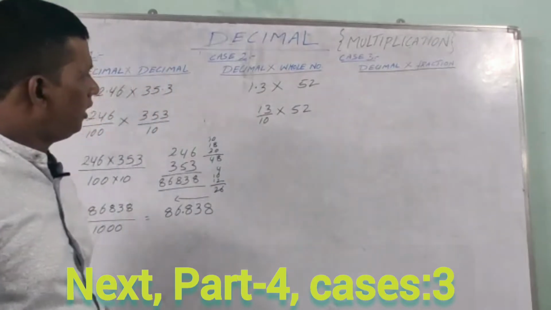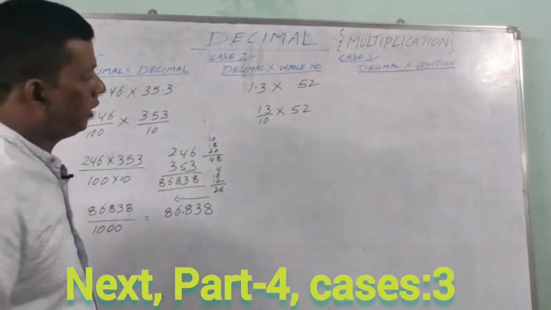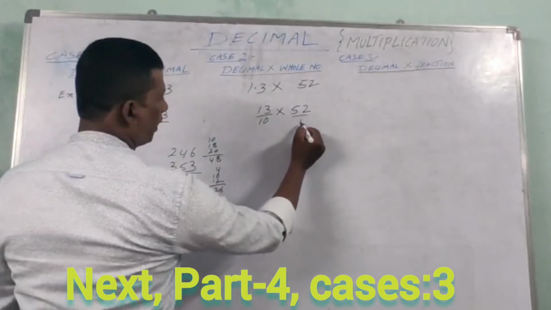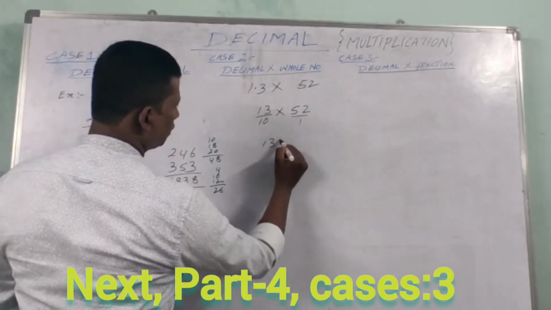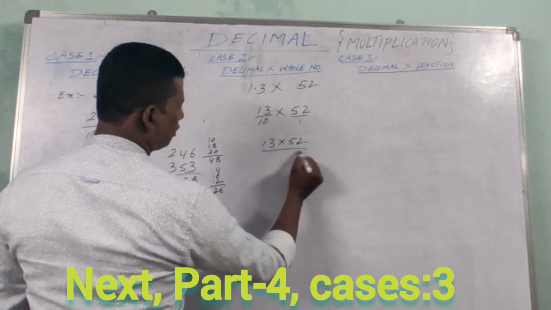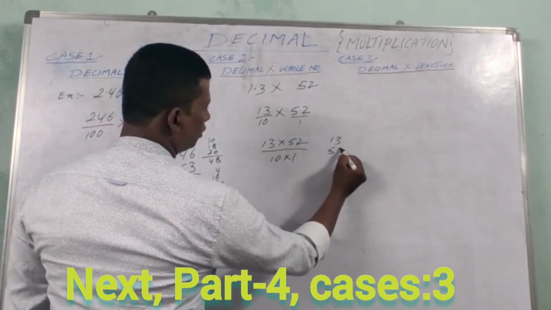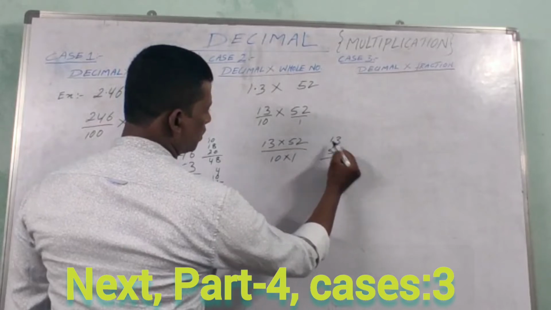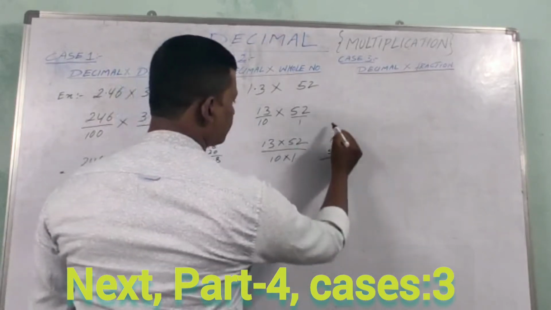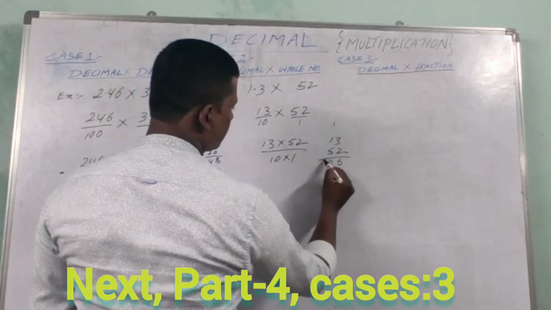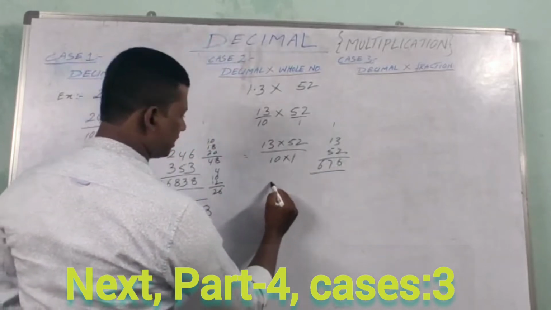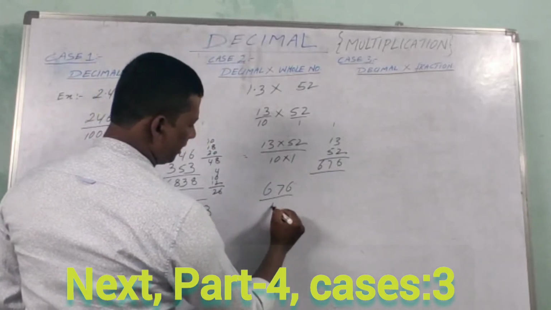Since we do not have any denominator, we will take it as 1. Now numerator into numerator and denominator into denominator. 13 into 52: 3 2s are 6, 2 1s are 2, 5 3s are 15, 15 plus 2 is 17, 7, 5 1s are 5 plus 1 is 6. So our answer is 676 upon 10.